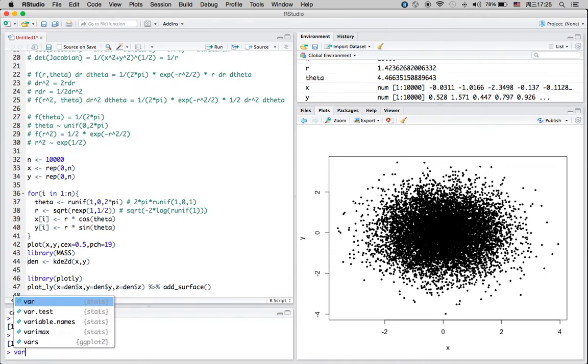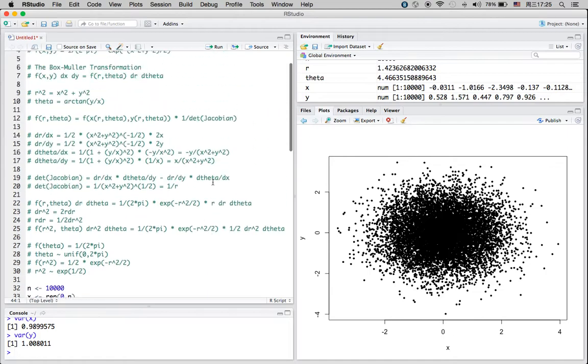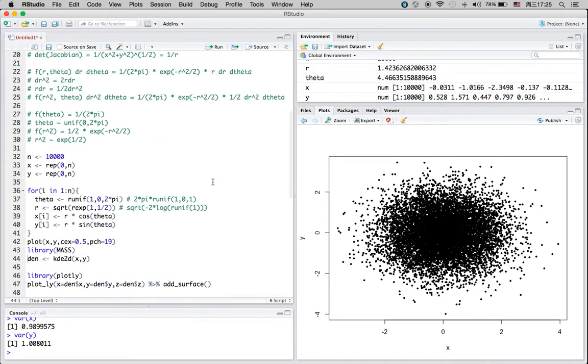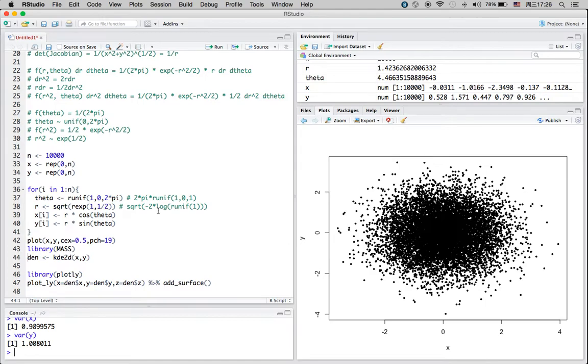The variance of x and the variance of y are very close to 1. That means our algorithm is doing a very good job generating a random bivariate standard normal, from mu 0 and sigma matrix equal to the identity.